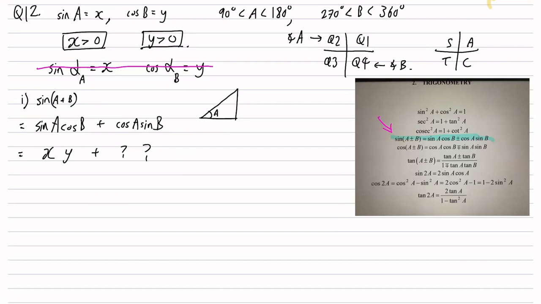So there's an angle A and there's another angle B. Sine is x. So it's really just opposite over hypotenuse 1. X is the same as x over 1, right? Likewise, for cosine, it will be y over 1, so adjacent over hypotenuse. Then the remaining length here, what would it be in terms of x?